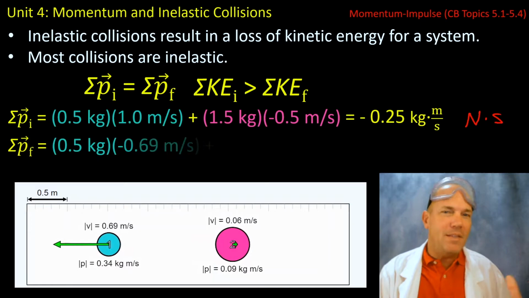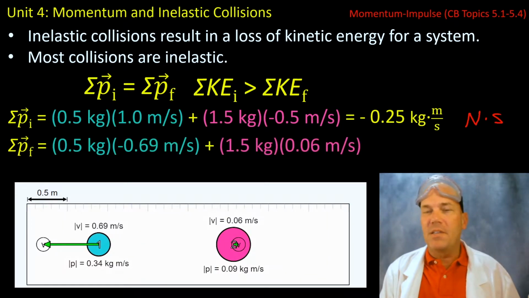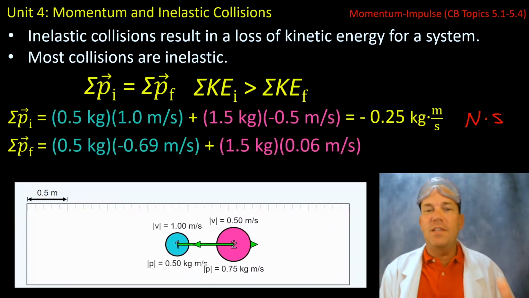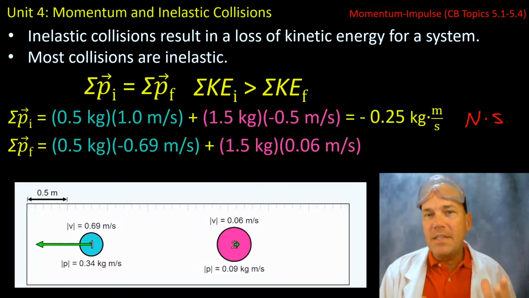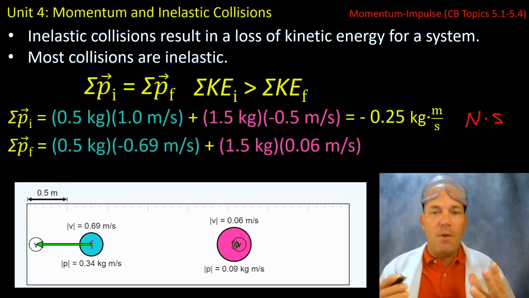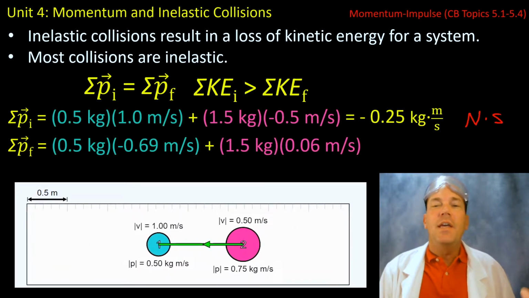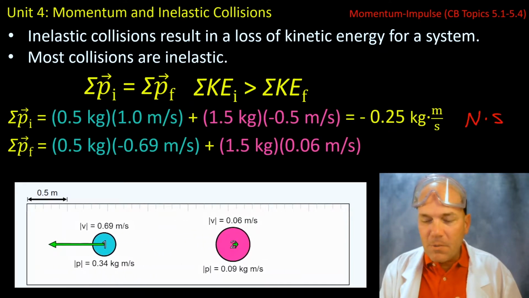Let's sum the momenta for the two-object system after the collision, paying attention to the signage, noting that the light blue colored ball is now moving in the left direction and the magenta colored ball is now moving in the right direction.